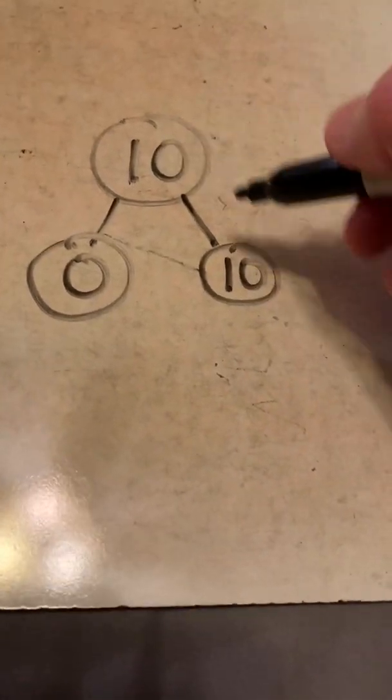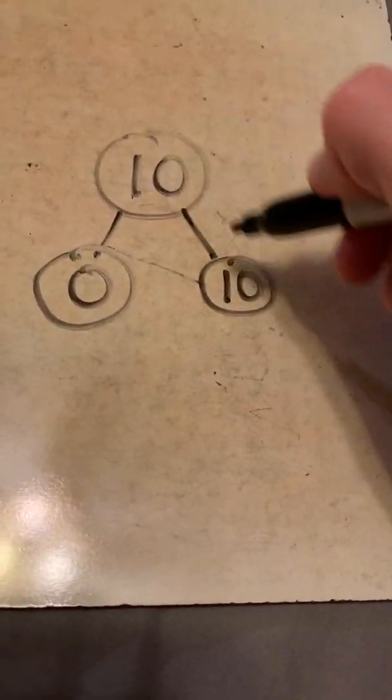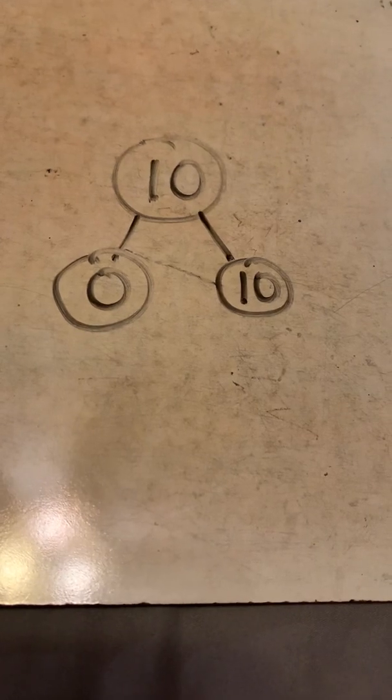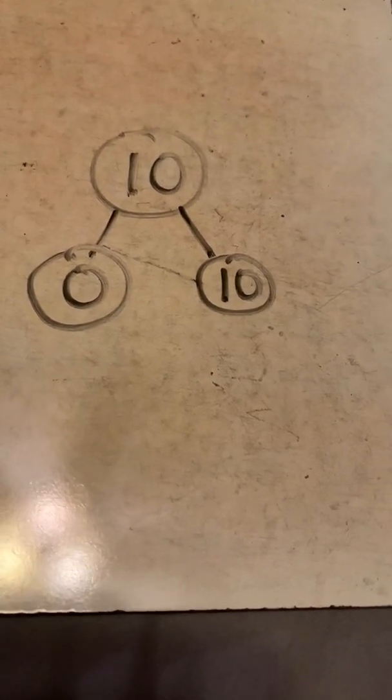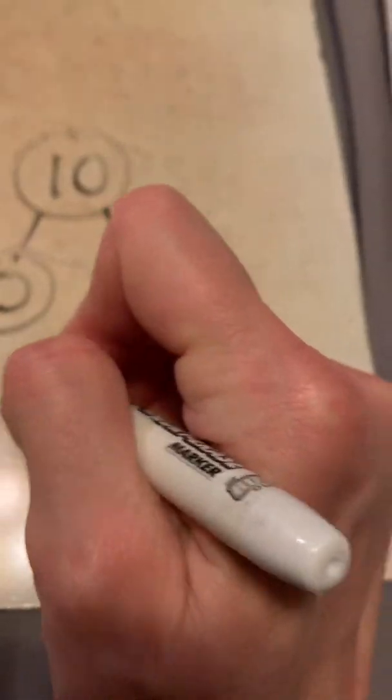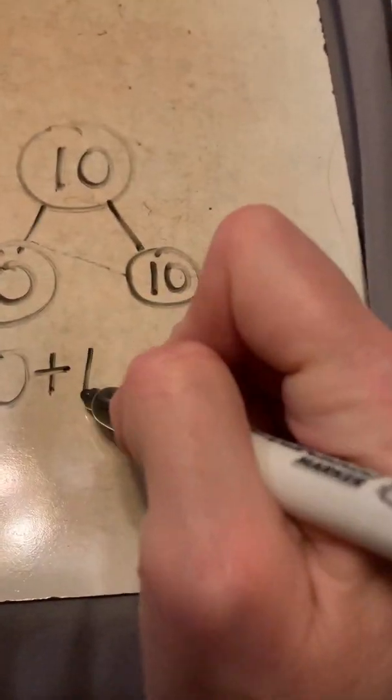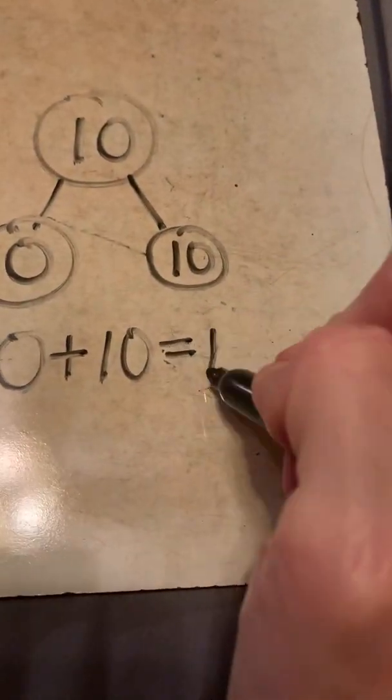Now, since we have the same number here twice, let's find out about our fact family. All right, we've got 0 plus 10 equals 10.